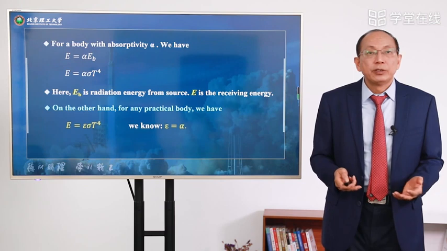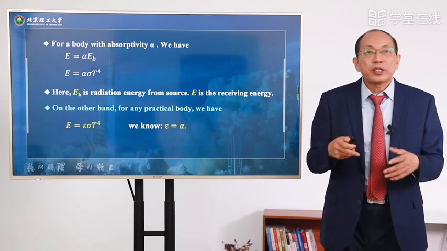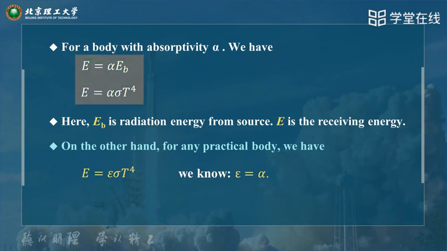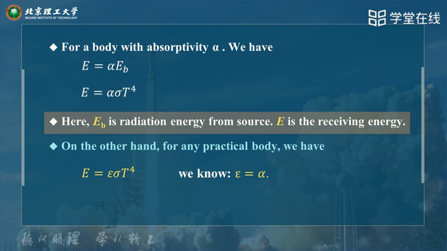We have learned that for a body with absorptivity alpha, we use E equals alpha EB to calculate the energy received by a practical surface. Also, we use E equals alpha sigma T power four to calculate. Here EB is the radiation energy from the surface, E is the received energy.